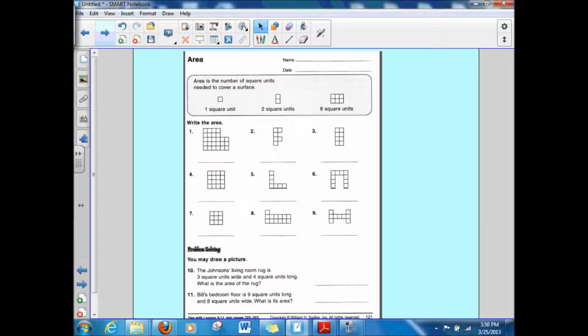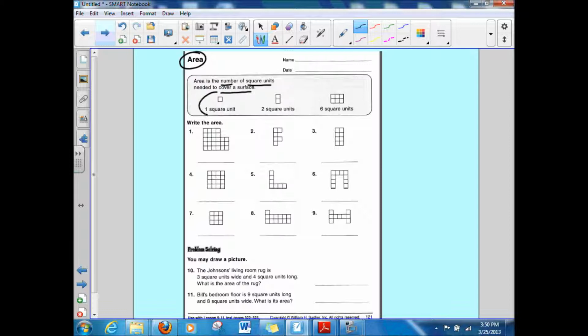Here's your assignment now, and this comes from page 121 of your workbook lesson. And if you want to go back and look at some more information on area, it's on 322 and 323 of your textbook. We talked about area today, and we also said that area was the number of square units needed to cover a surface.